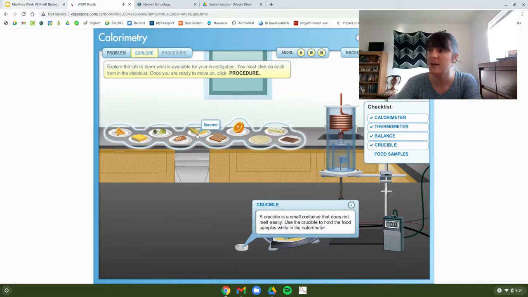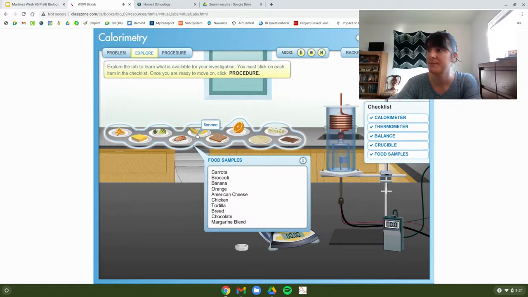And then finally, here's our food samples. Food samples: carrots, broccoli, banana, orange, American cheese, chicken, tortilla, bread, chocolate, margarine blend.